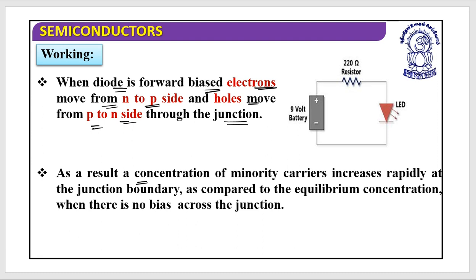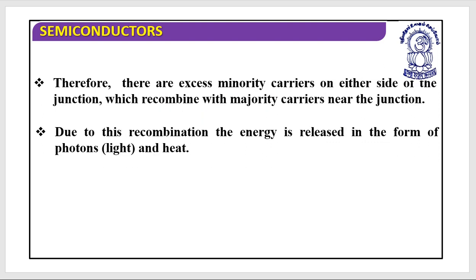As a result, the concentration of minority carriers increases very rapidly at the junction boundary as compared to the equilibrium concentration when there is no bias across the junction. Therefore, there are excess minority carriers on either side of the junction, which recombine with majority carriers near the junction.